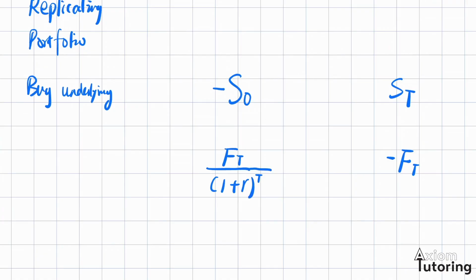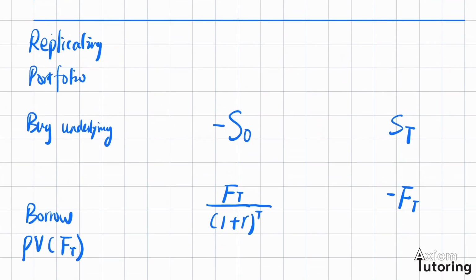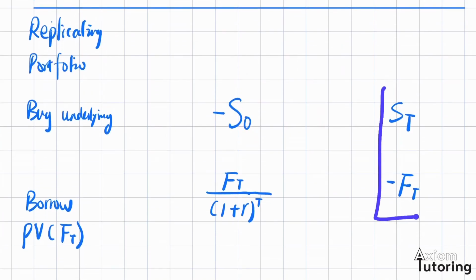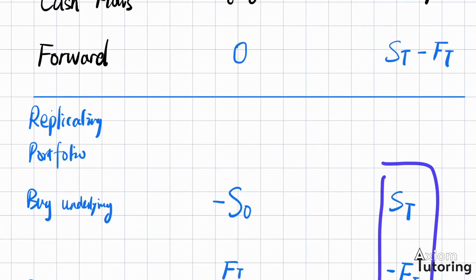So we're here to borrow the present value of F_T, which is the forward price, and this should replicate the payoff of our forward contract.